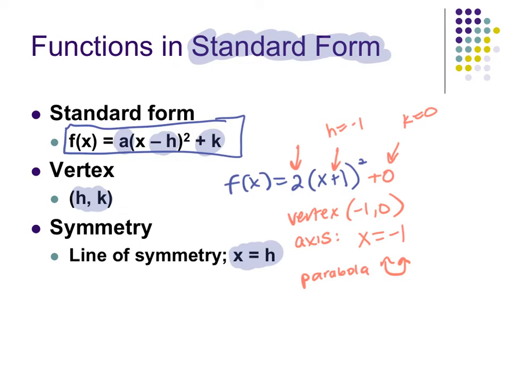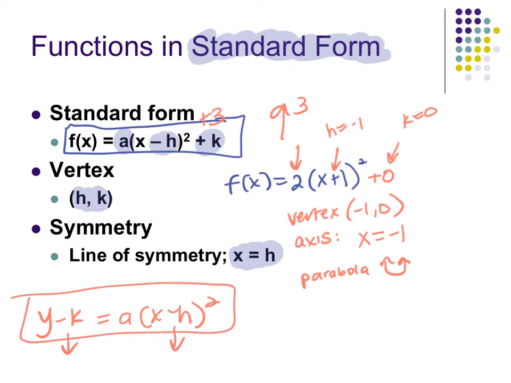The y coordinate of your vertex is the same sign that's in your equation. That does not change. So when we do circles and stuff like that, we do the opposite. When we did algebra 2, this was our standard form because it's not a function yet. You're going to see these in function form, and in function form, the k is going to be on the side with the rest of it, which means it's already the right sign.